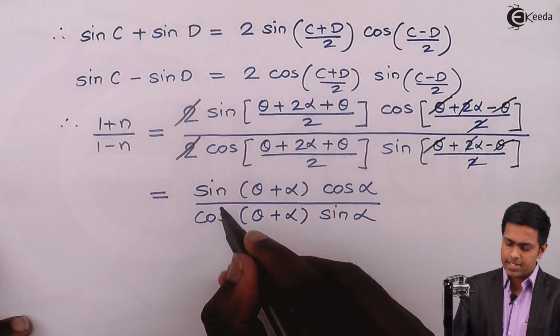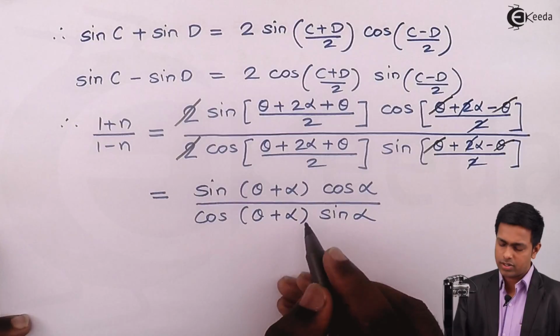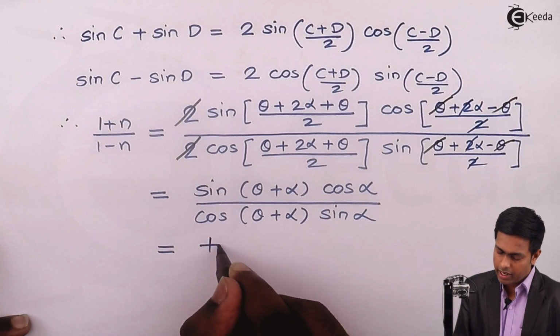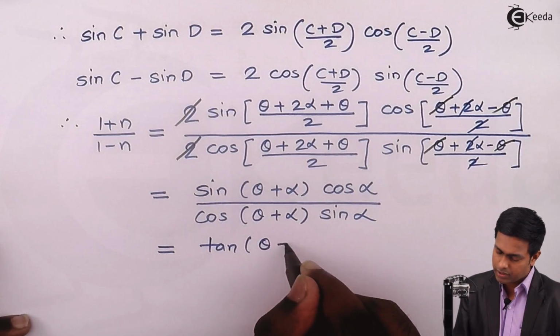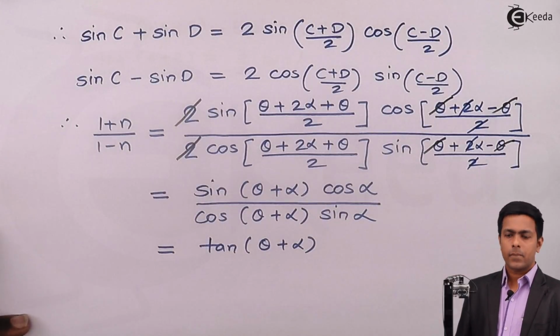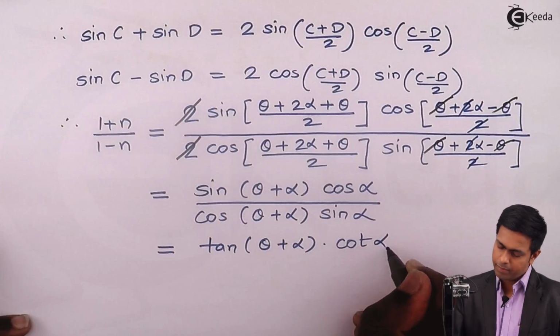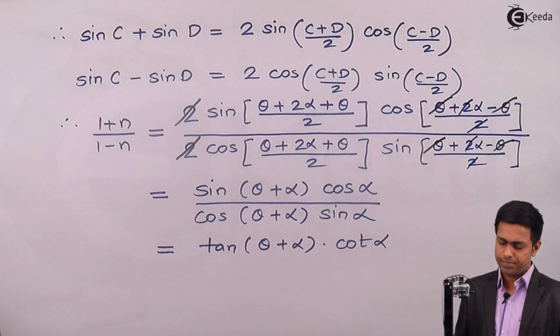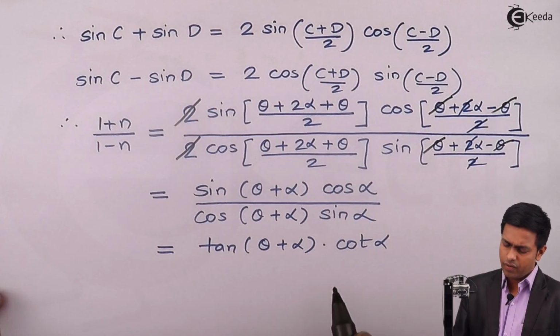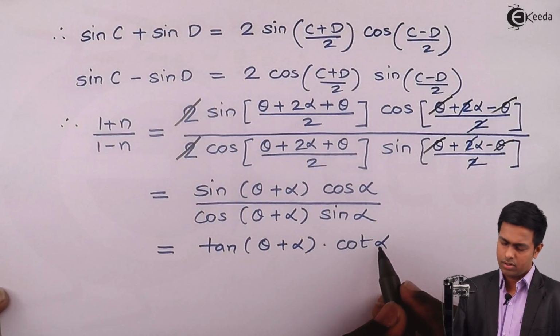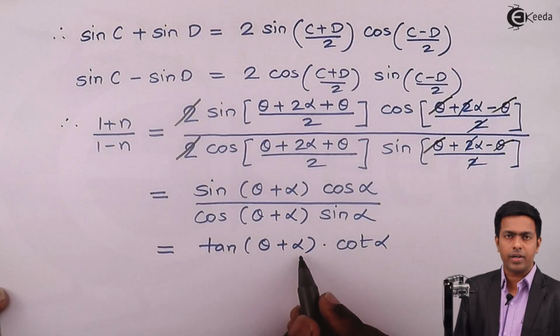Now this sine of theta plus alpha upon cos of theta plus alpha we can write as tan of theta plus alpha, and this will become cot of alpha, because cos upon sine is cot. Now we'll take this cot to the denominator.